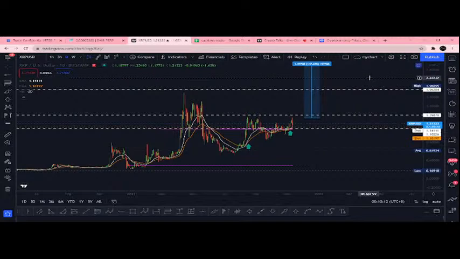Kaya nakikita nyo, nagsisettle na din ako mostly in USDT. Actually, in one of my exchanges, USDT and USD is more than 25%, 25 to 27% of my total portfolio.